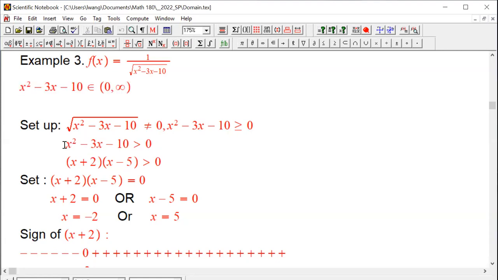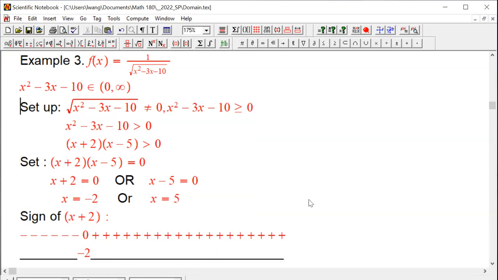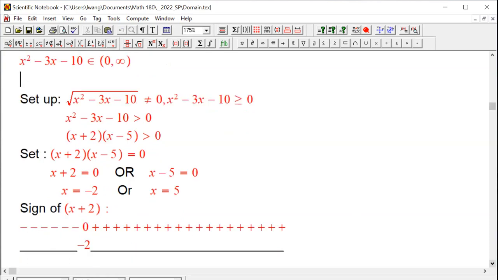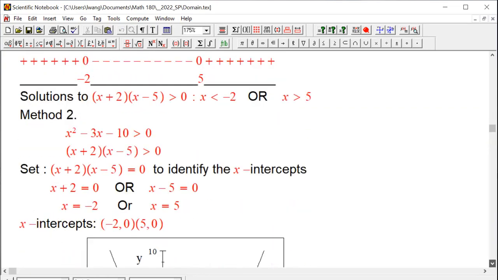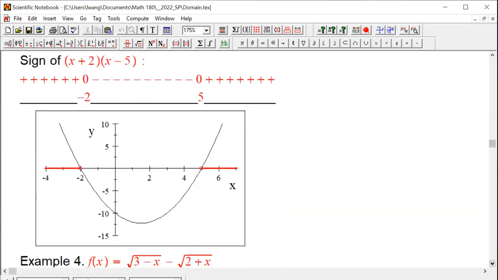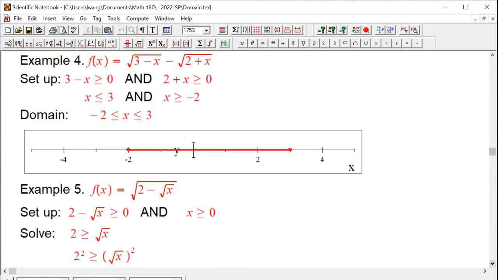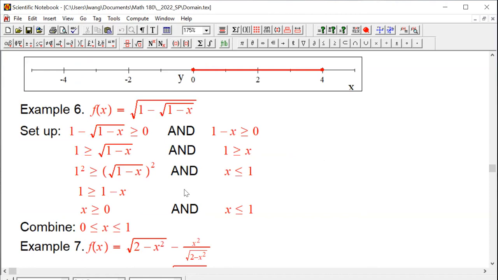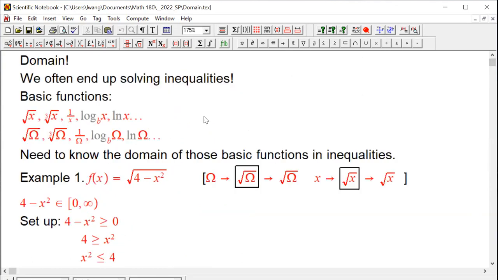You see, you still have to transform it into inequality. Make sense? I hope that makes sense to you. So you're going to practice how to solve inequality. They're very much needed. It's a very much needed technique for you to solve inequalities. Okay, so all of these examples, if you go over them, then you realize, yes, solving inequalities is a much needed technique.